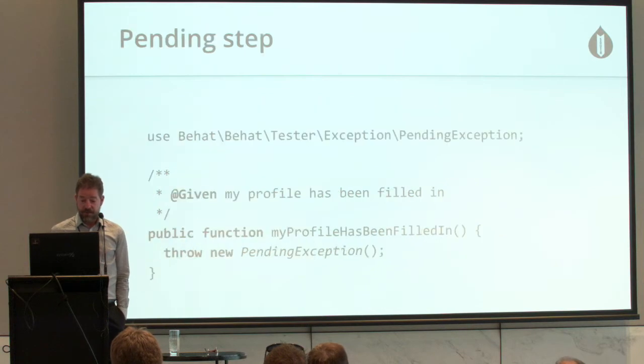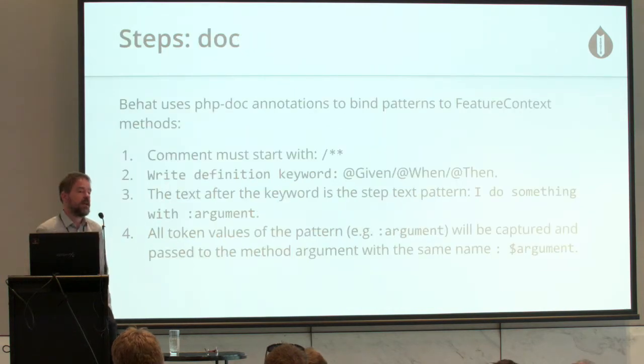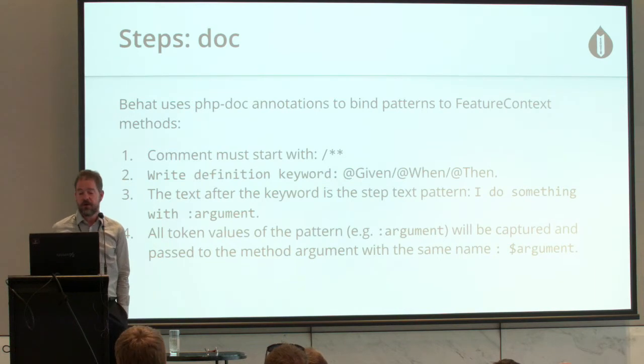This particular step, let me go back here. What it generates here is a comment, puts in the given keyword and then the full name of the step. How that works, Behat uses PHP doc annotations to bind patterns to feature context methods.